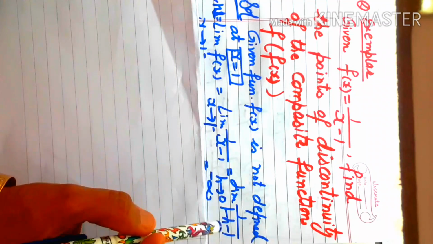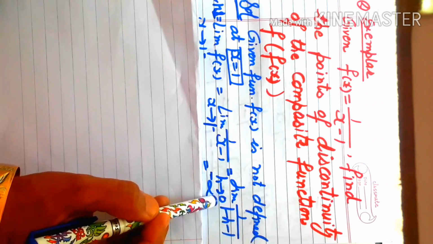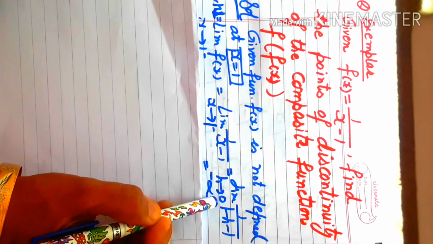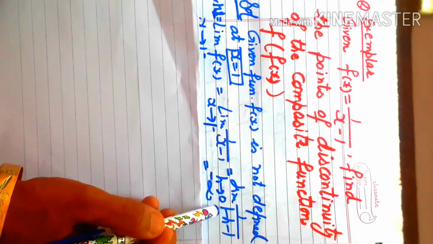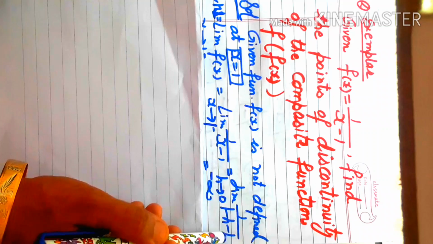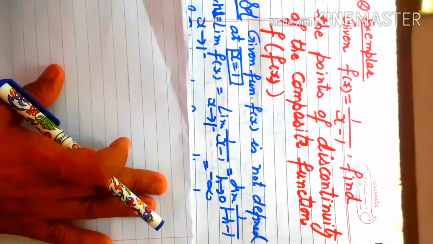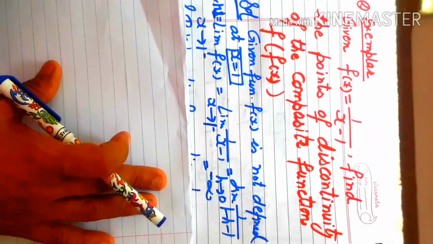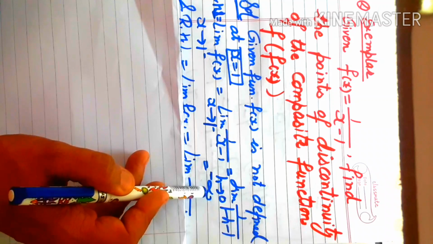This we have discussed in the previous videos, why we are putting 1 minus h, where h is very small but positive. So 1 upon, in place of x we have written 1 minus h, and this minus 1. So 1 will get cancelled with 1 and the result is 1 by minus h, and h goes to 0. It means the limit of the function approaches minus infinity.